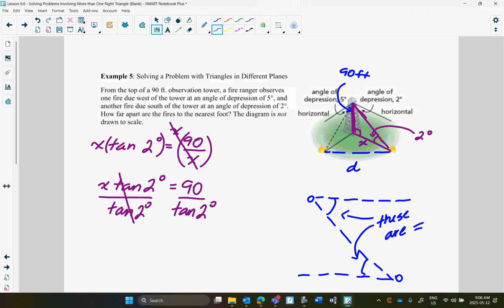And I can do this to the nearest foot. Okay, done. 2,577. Good. So that's 2,577.